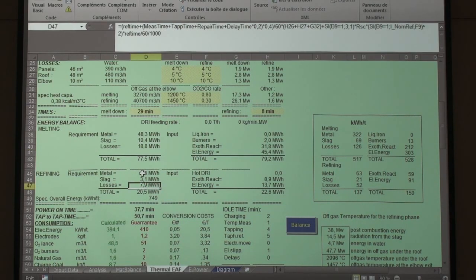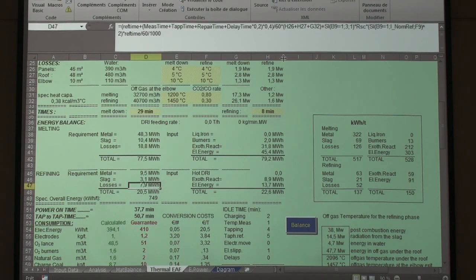The losses for refining are the same. So I have 80% of the delays during melting, and I have 20% of the delays during refining.